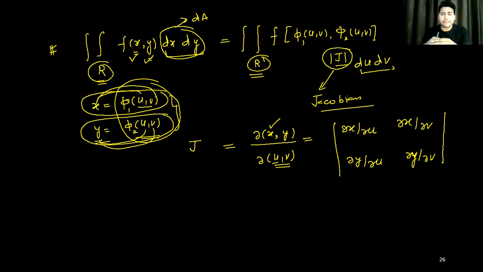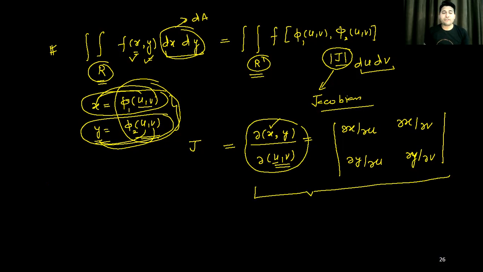Suppose that in the xy plane a region is like a circle, and when it is converted into the uv plane, it may become a rectangle or an ellipse or a rhombus or something else, according to the substitution that we are doing. And this will be R dash. This will be R dash du dv, because we are doing the substitution with the Jacobian. This is why, when we are changing the variable, the Jacobian comes, because it covers the rate of change.